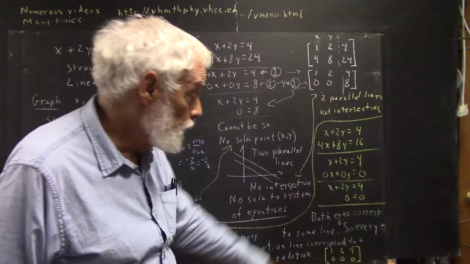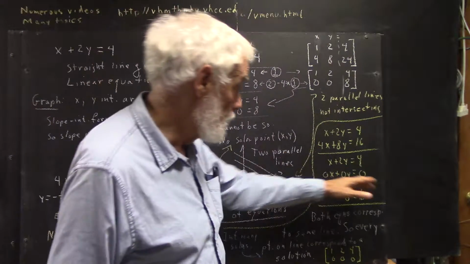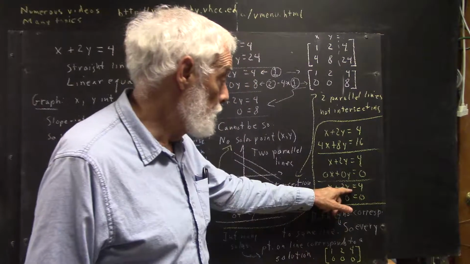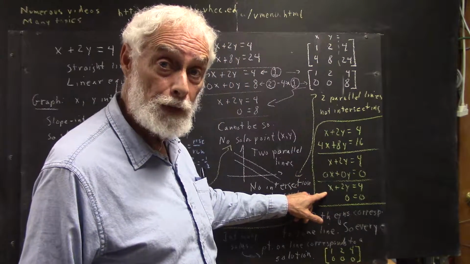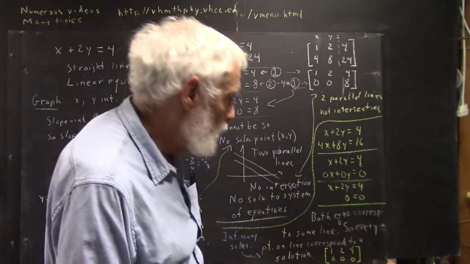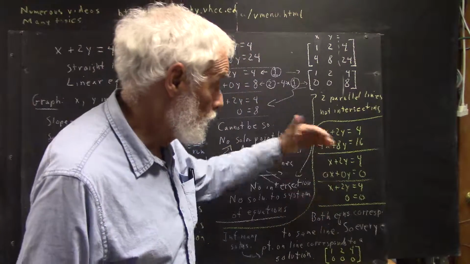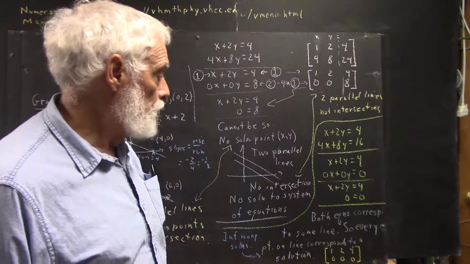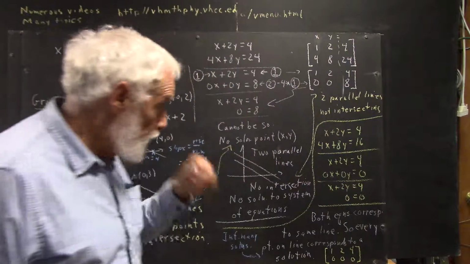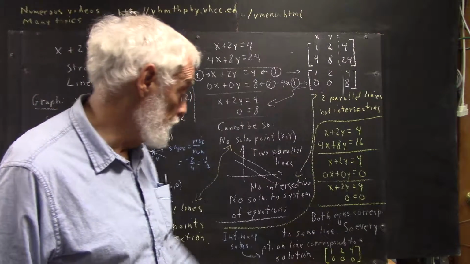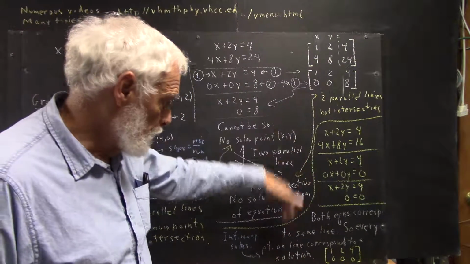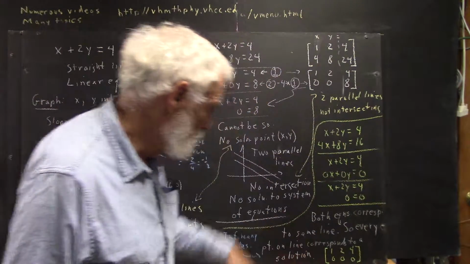There are infinitely many solutions. Any number x can be plugged in here to give you a y. Any number y can be plugged in here to give you an x. Any pair x and y that satisfy this equation satisfies the other, therefore satisfies the system. So both equations, in this case, correspond to the same line. Every point on the line corresponds to a solution.